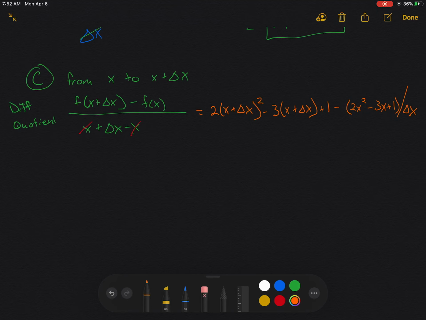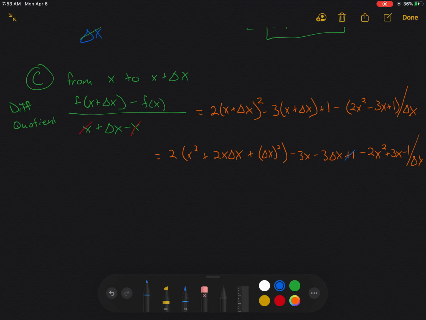Now from here, let's simplify a little bit. Let's expand it out. I got 2x squared plus 2x delta x plus delta x squared minus 3x minus 3 delta x plus 1 minus 2x squared plus 3x, I think that's a minus 1, all over delta x.